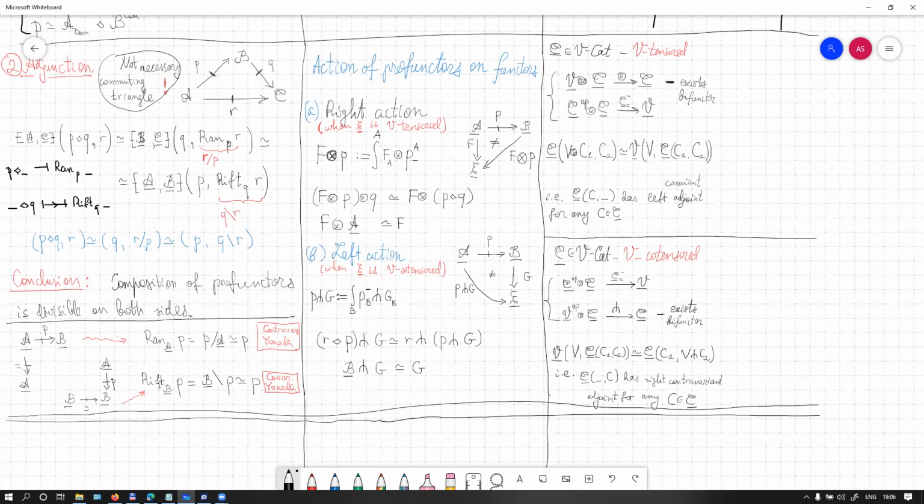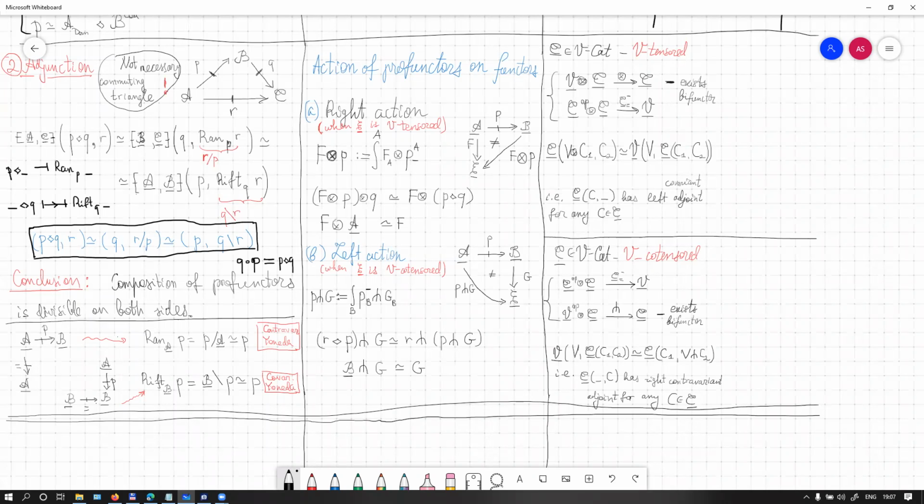Using the division notation, you can see what I do. Also, I'm sorry, I want to emphasize the following thing, that I am taking the product or composition of profunctors diagrammatically, so in the order they appear in a diagram. Also, sometimes you can write Q composition P, and this is completely the same as P diamond Q. So P diamond Q is a notation in diagrammatic order, Q composition P in the usual composition order.